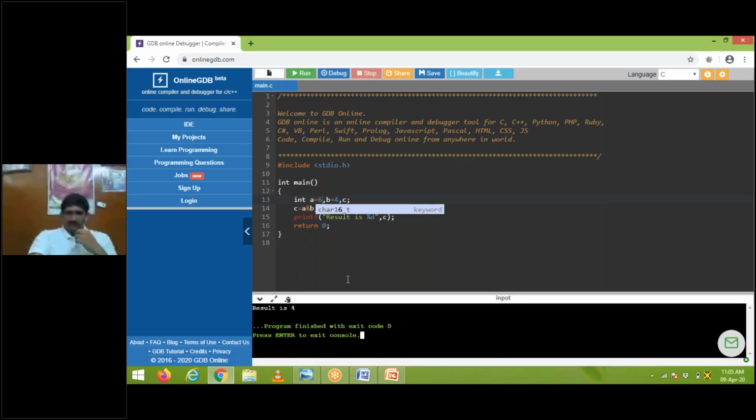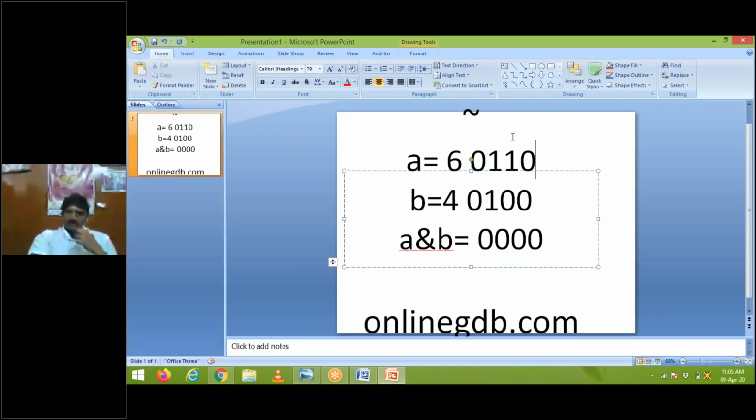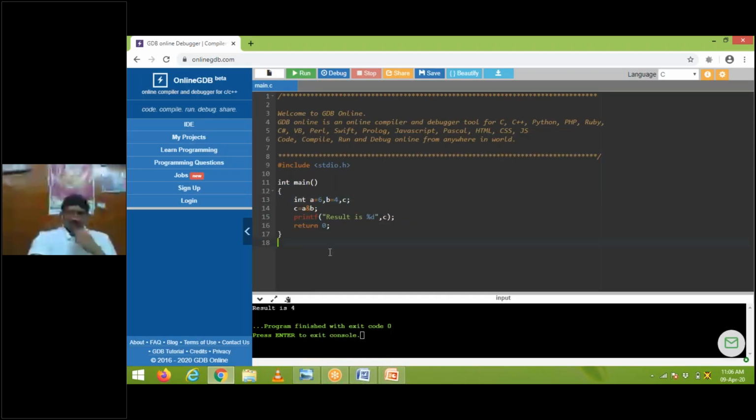The result is 4. We'll check here: both must be 1 for the result to be 1, so 0 1 0 0 will be printed. The value of 0 1 0 0 by the 8421 rule is 4. Vishnu, is it clear?